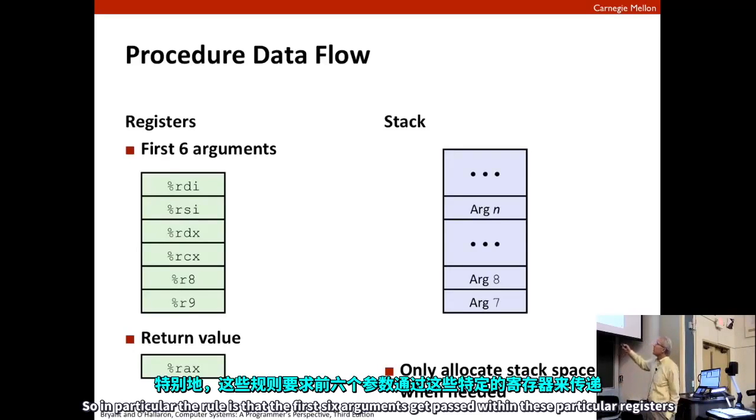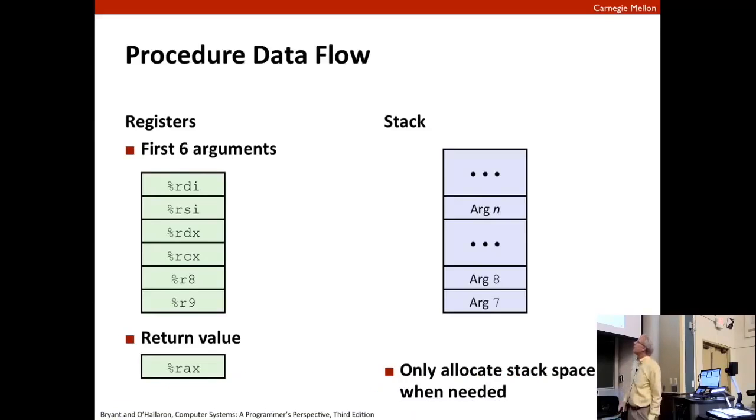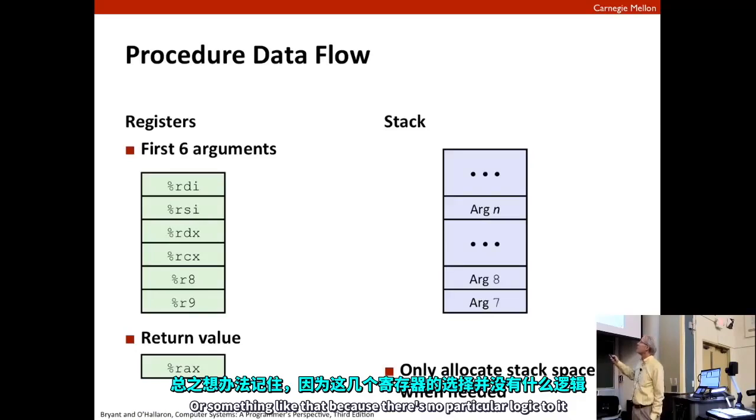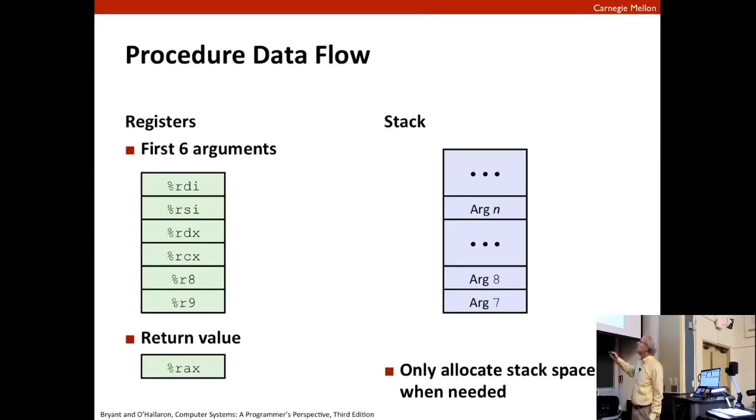So in particular, the rule is that the first 6 arguments get passed in these particular registers. And you just have to memorize the order of them or have a table handy to look at, because there's no particular logic to it.